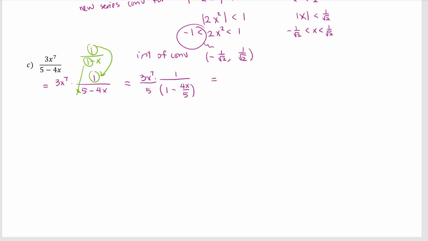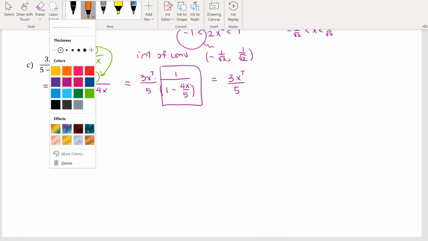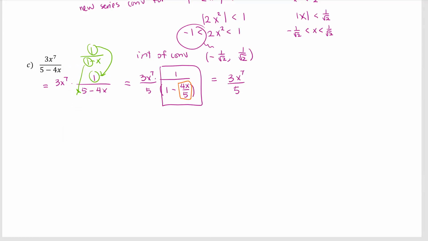And so this is the same as you have this extra power moving outside. Okay, this guy we can use the power series. We replace x by what? So you're going to use that formula and replace x by 4x over 5.